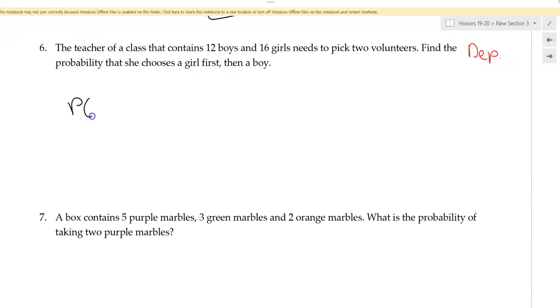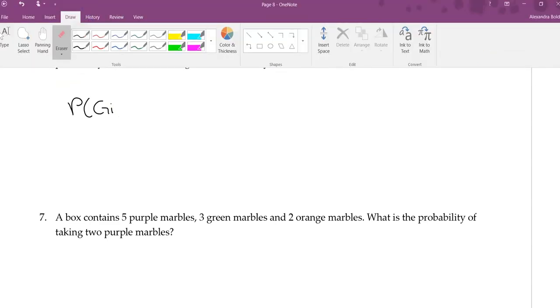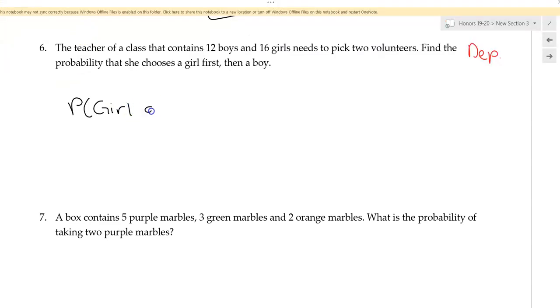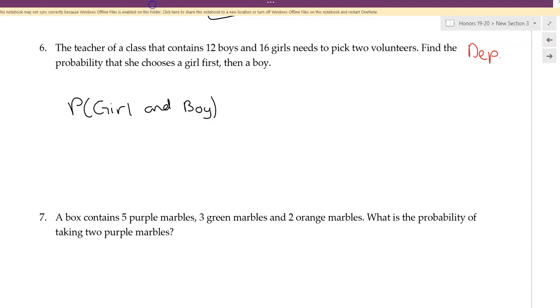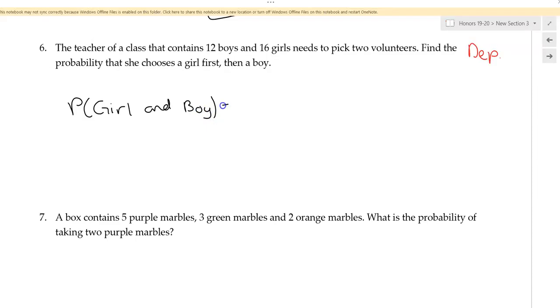So the probability of girl and boy equals, so the probability of girl, well, there is 16 girls, and then 12 plus 16 is 28 total, right?